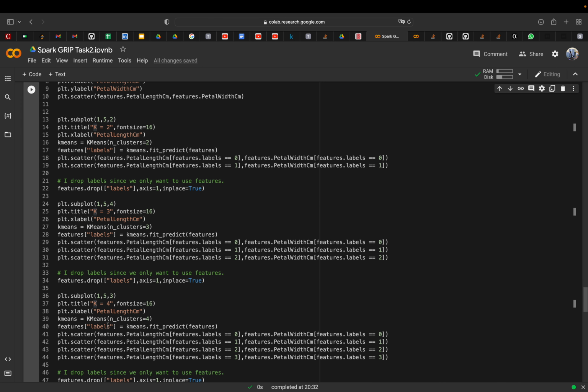And in this part of the code, we will plot our normal data that they gave us before with the species, which is the target. So we are trying to plot our prediction based on clustering with different numbers of clusters to see which one is the best.